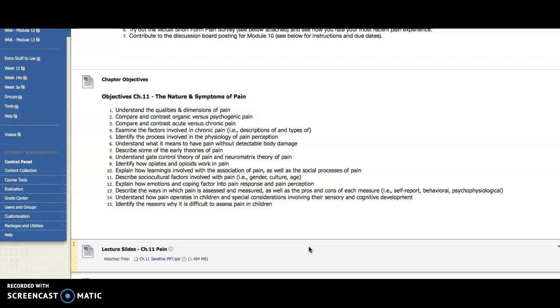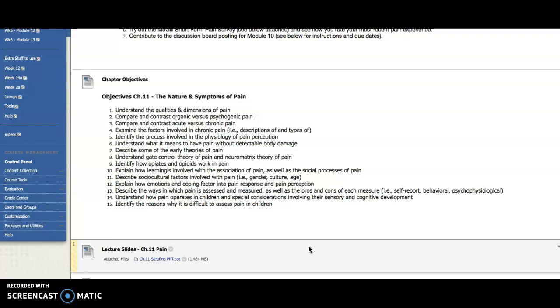We'll compare and contrast organic versus psychogenic pain. Here's where we typically think of pain that's more physical, musculature, nerve pain that has an organic basis, versus psychogenic pain, which can be connected to, just like it sounds, your psyche.